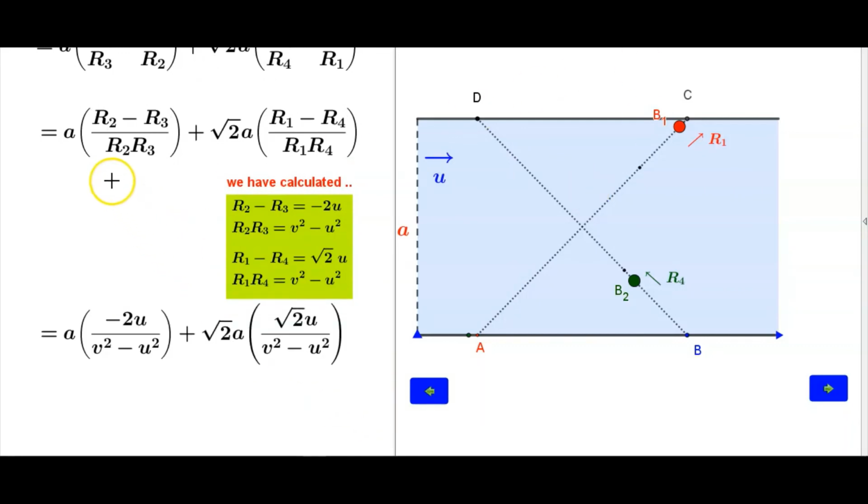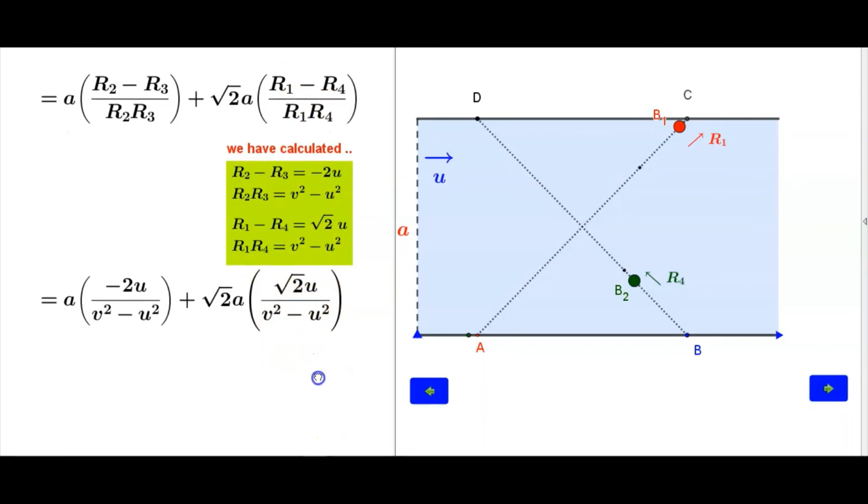So this is equal to A into minus 2U over V squared minus U squared, plus root 2A into root 2U over V squared minus U squared.